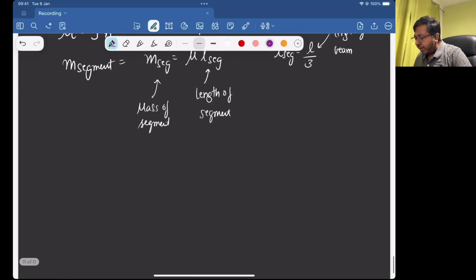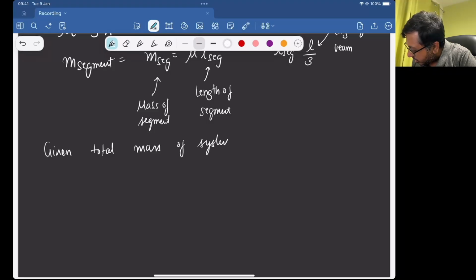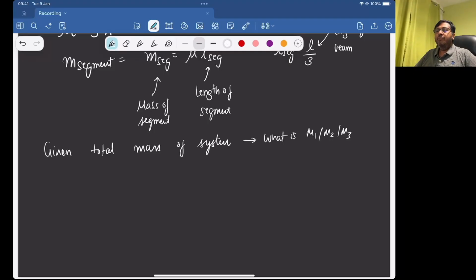In order to determine that, the question is what are M1, M2 and M3, given the total mass of the system? So we will use what's called a lumped load sharing approach.